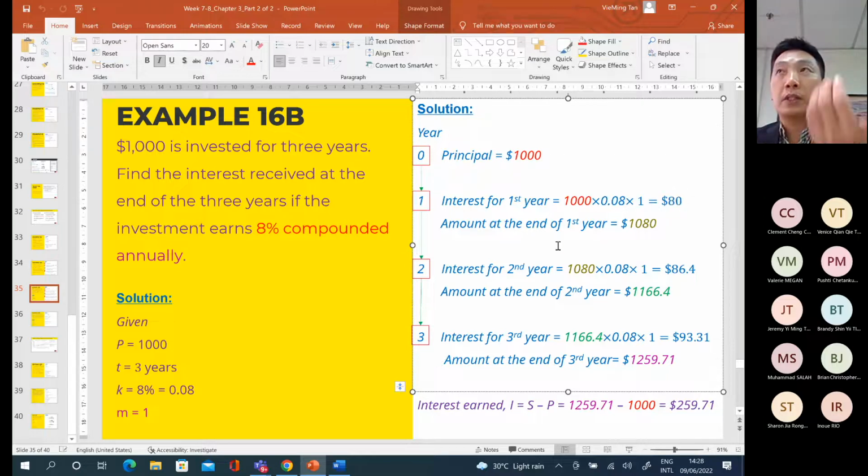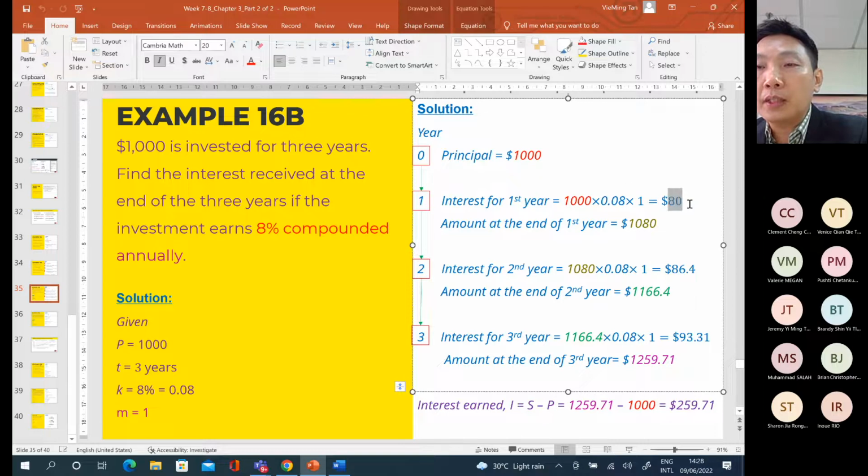Now we proceed to year 2. When we want to calculate the interest earned in year 2, because this question is using compound interest, we need to include the interest earned in year 1, because the interest earned in year 1 can also help to generate interest in year 2.